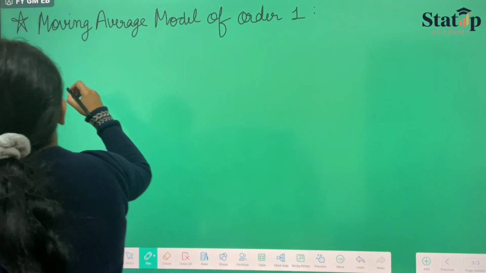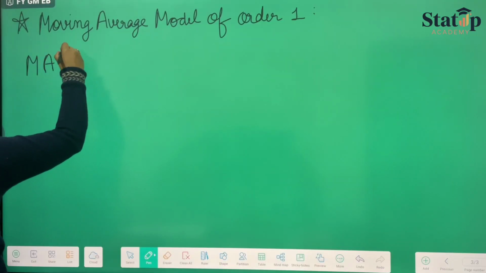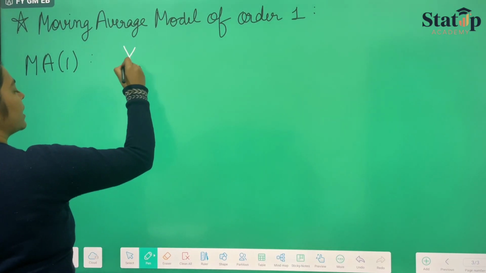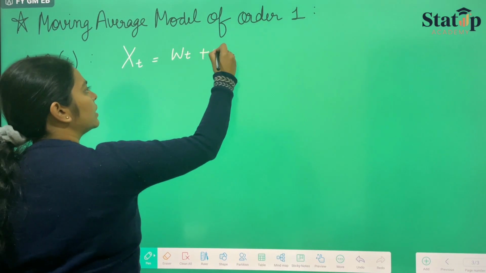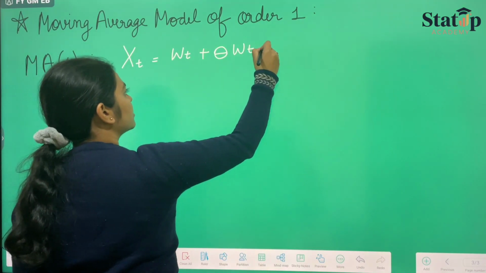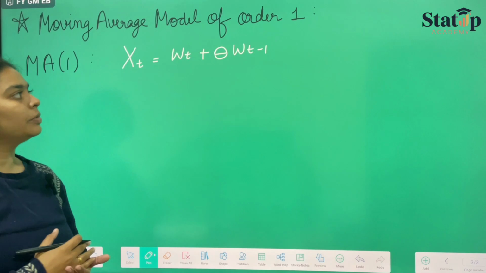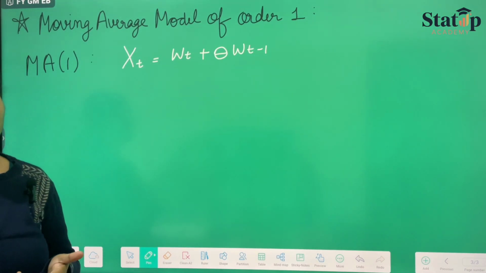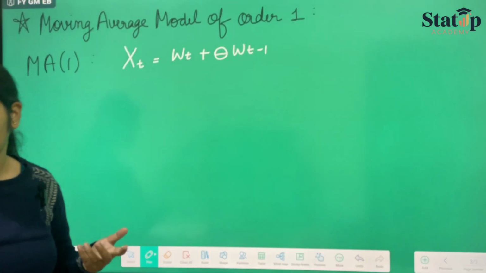Now this can be written as MA(1). I can write it as Xt = Wt + theta Wt-1. It is dependent on the current value of the white noise and one previous value. That means it's of order 1.